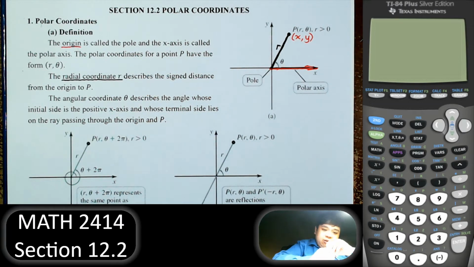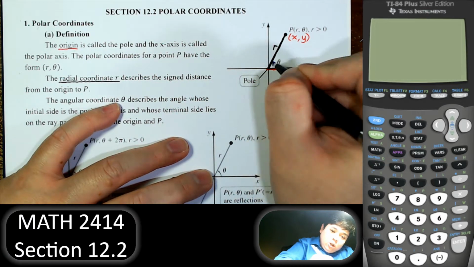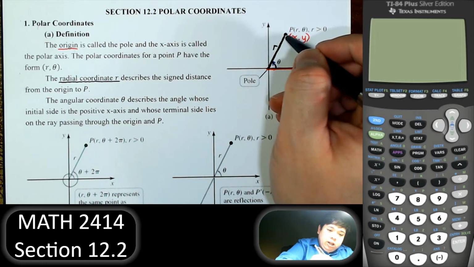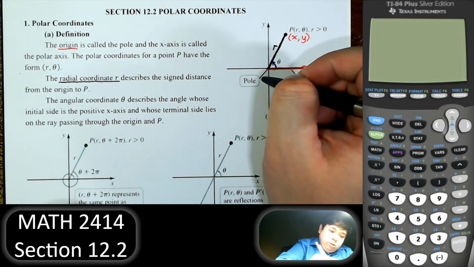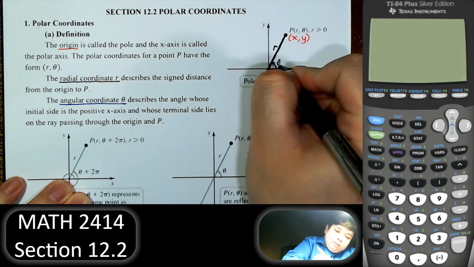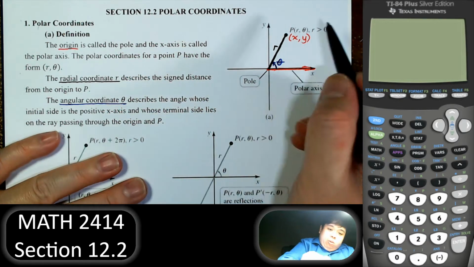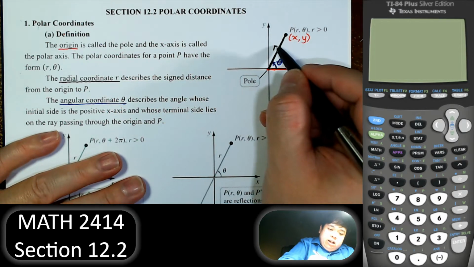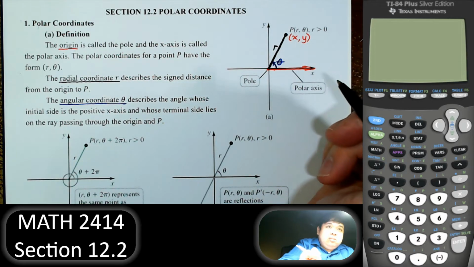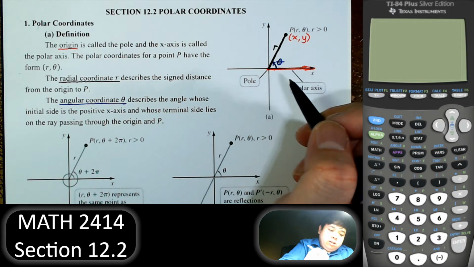And then the angle made from the polar axis to the ray that contains the point, we call that the angular coordinate, theta. So the point will be given as r and theta.